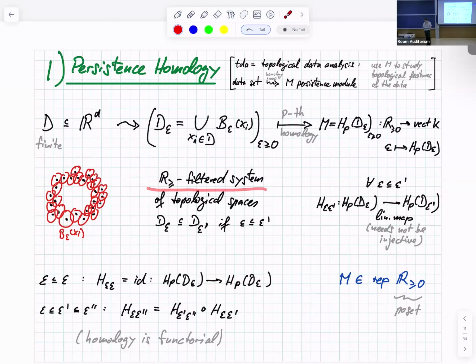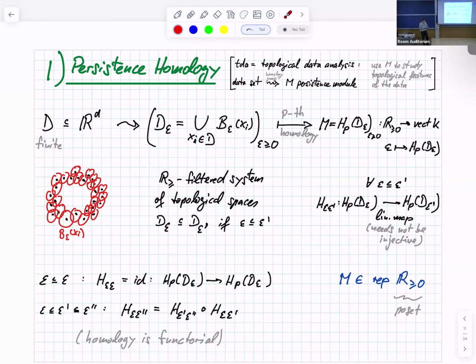The homology group then is a vector space for every real number epsilon, and for any pair epsilon smaller than epsilon prime, we get a linear map between those vector spaces. So altogether we get what is called a module over R as a poset.